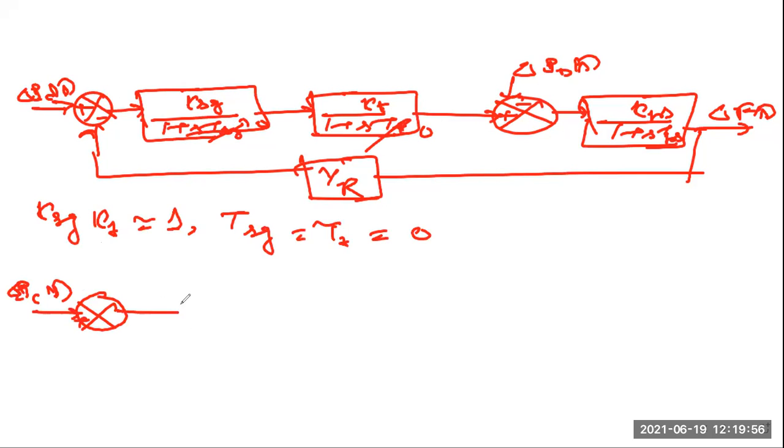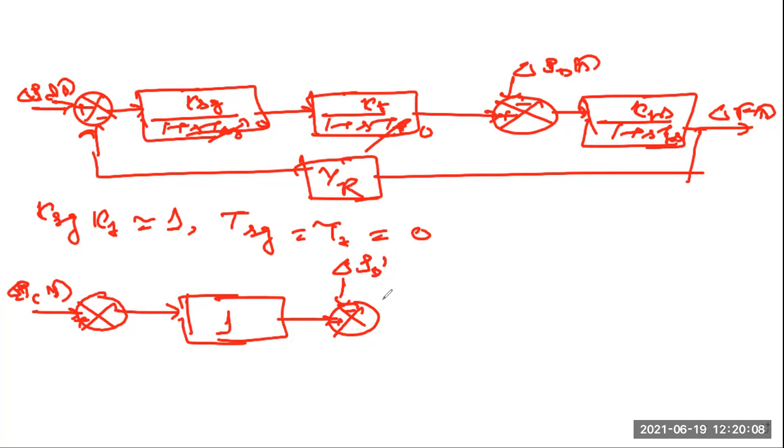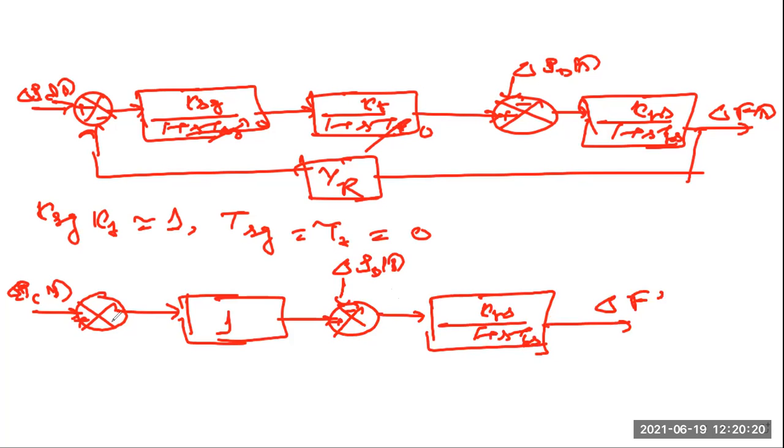Then you have a unity block. Then you have a comparator. This is plus, this is minus, and this is delta PDS. And this is your KPS by 1 plus STPS. This is delta FS. And then this is minus 1 by R.